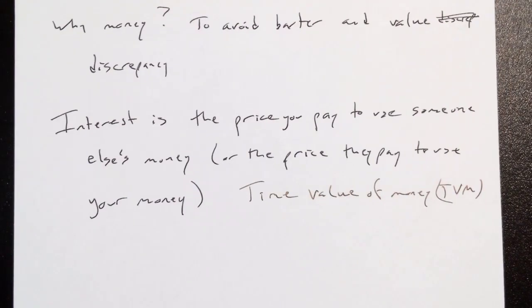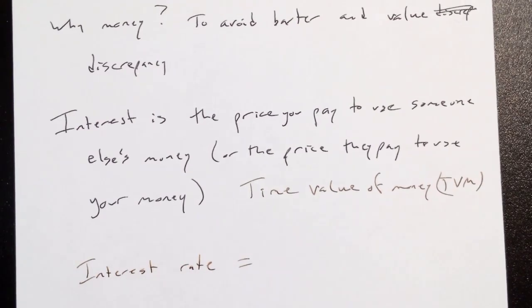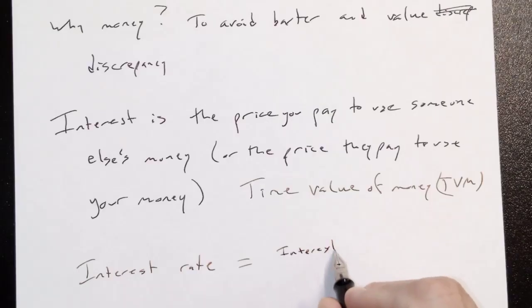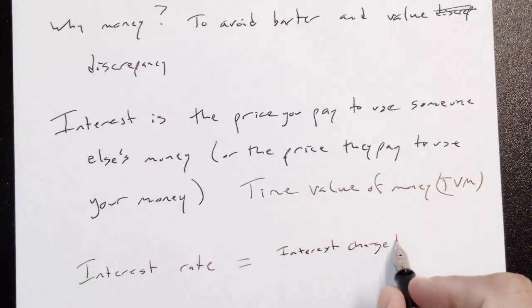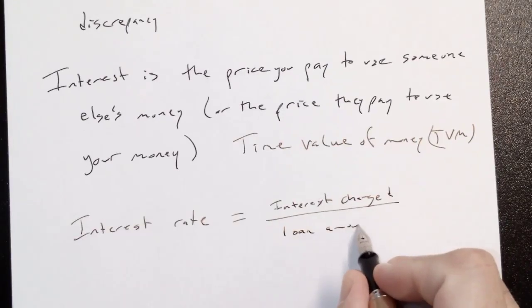Okay. What does an interest rate mean? If I think of this rate, well, that's the amount extra I'm going to charge you to borrow the money. So it's going to be how much interest is charged divided by the loan amount.